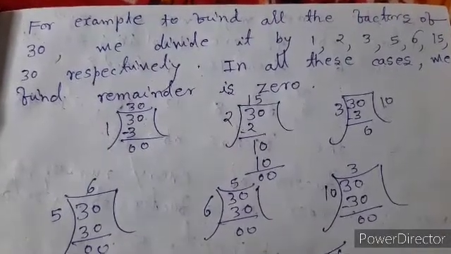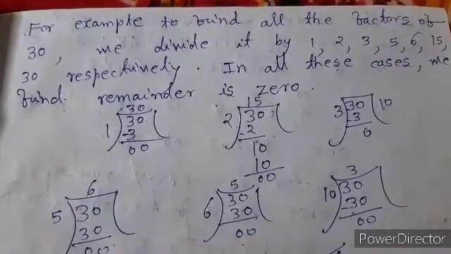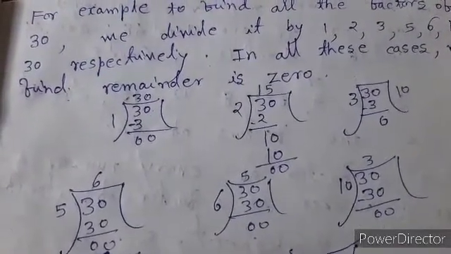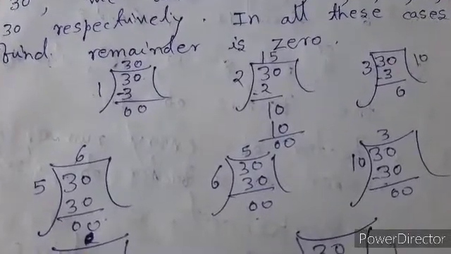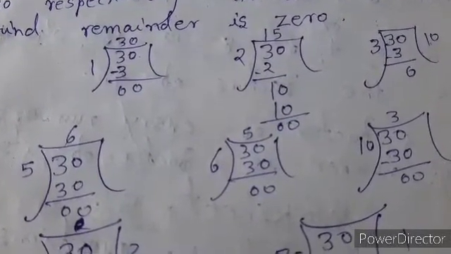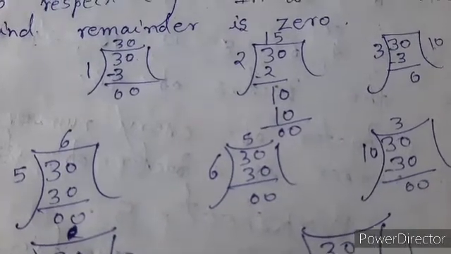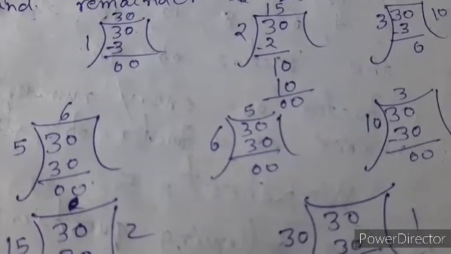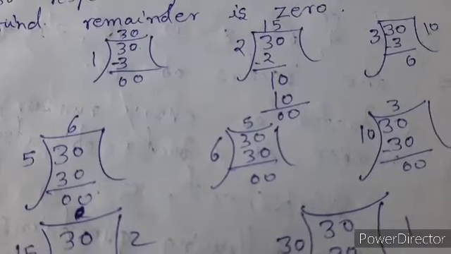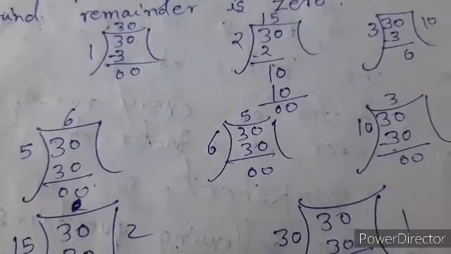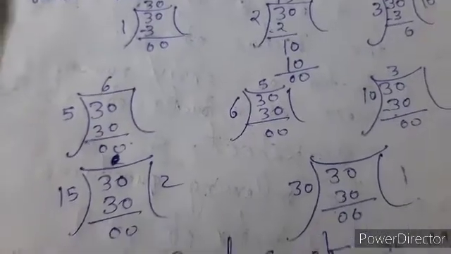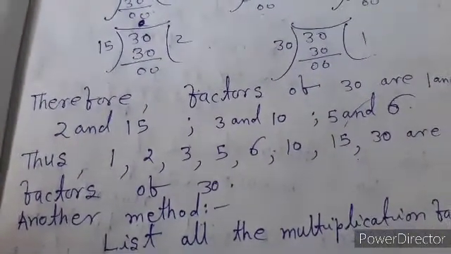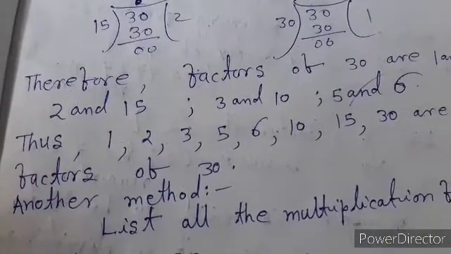In all these cases, we find the remainder is 0 as shown in the following division. Therefore, the factors of 30 are 1 and 30, 2 and 15, 3 and 10, 5 and 6. Thus, 1, 2, 3, 5, 6, 10, 15 and 30 are the factors of 30.